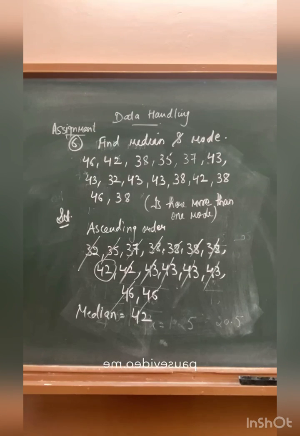Now we have to tell what is the mode in this question. So mode, we know, is that observation which is occurring the maximum number of times. The observation which comes more often is the mode. Or we can say the number with the maximum frequency is the mode of the data. So now which number is coming the maximum number of times?